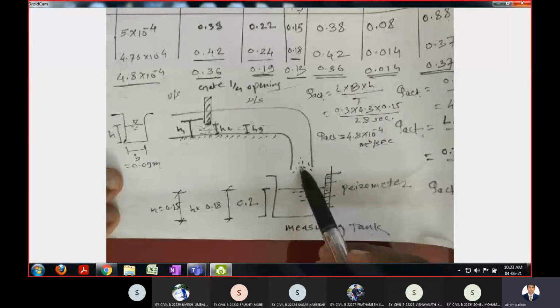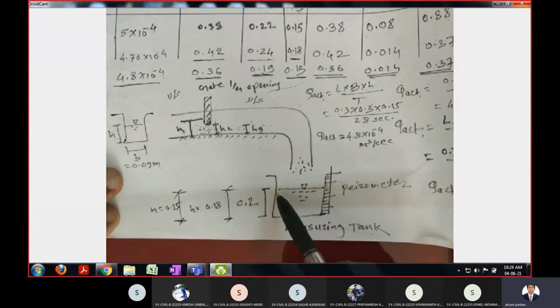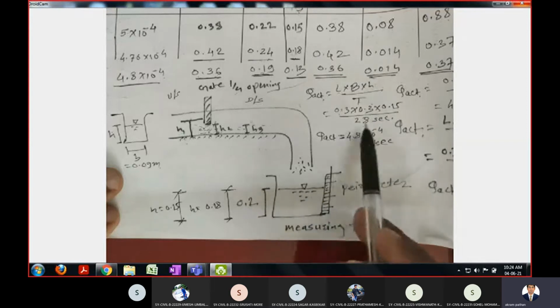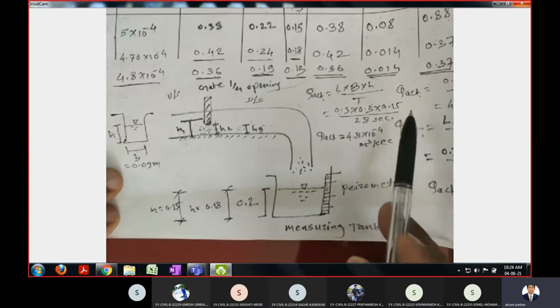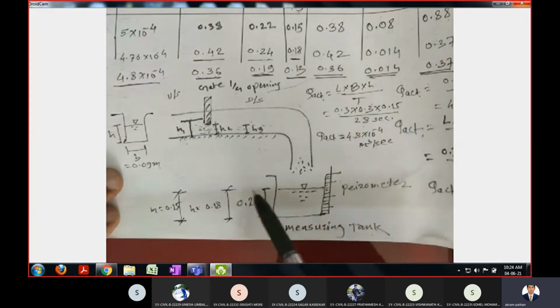When the water is coming at the outlet and falls into the measuring tank, we have to start the time with the stopwatch, and when the water reaches a 20 centimeter rise, we have to stop the time and record that time against the 20 centimeter rise.